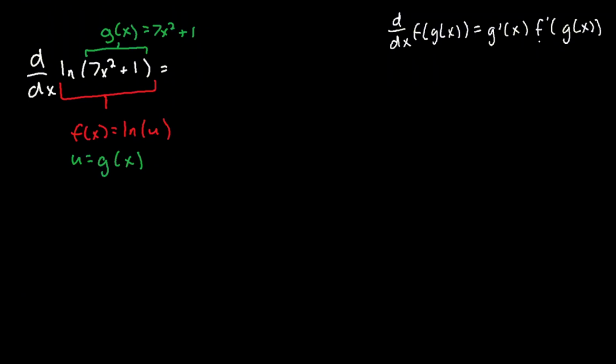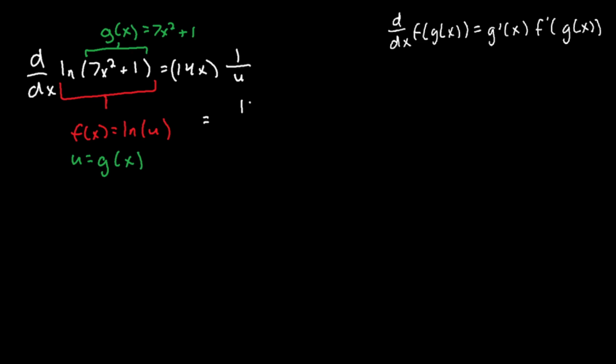So let's go ahead and do this problem. Derivative of g prime is 14x, power rule. And then the derivative of f prime is, well, the derivative of ln is 1 over u, correct? The derivative of ln u is just 1 over u. But we must replace u in the end.